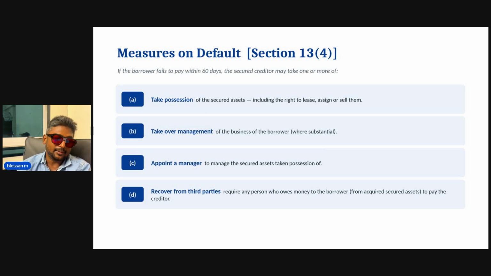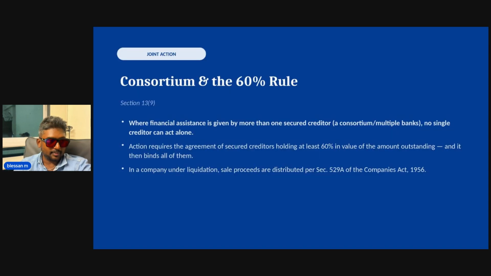And if it is a business, they have the right to take over the management, and they can also appoint a manager to manage the secured assets taken possession of. And they can also recover from third parties who owe money to the borrower. So they can write to the third parties who have to give money to the borrower to directly fulfill the debt of the bank. So these are the measures.